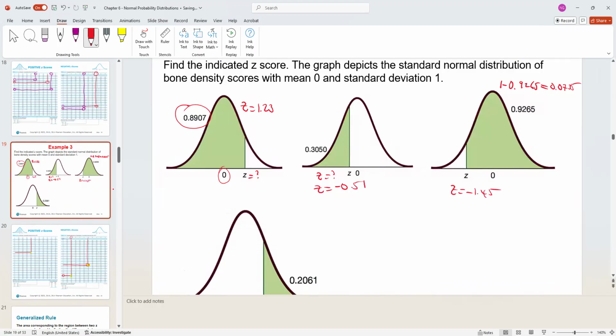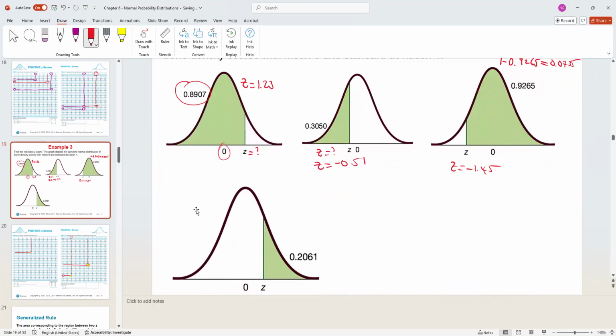The last one I believe is the same. As you can see, you must subtract from 1. Subtract this number from 1. So 1 minus 0.2061 gives you 0.7939.